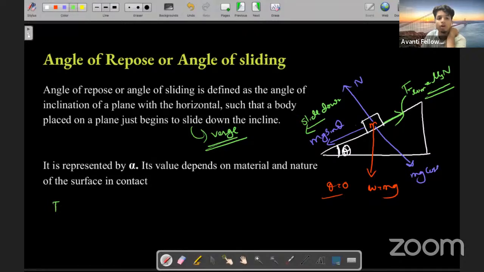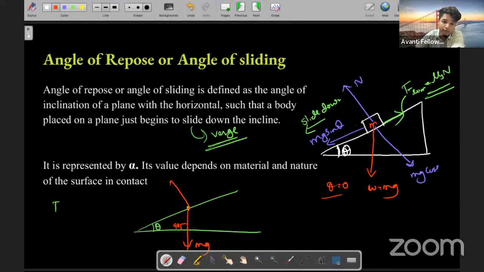Now, this one we have talked about in the second law of motion. If this is the inclined plane and this is theta, and over here there is an object, let's take a point object, this is mg.